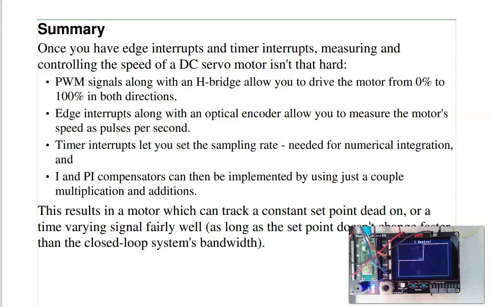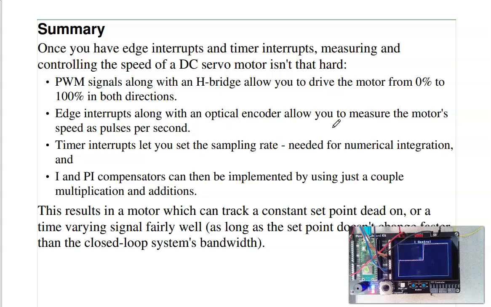PWM signal works really well with H-bridges. That allows you to control the motor speed from 0 to 100%. Edge interrupts, along with an optical encoder, let you measure the motor speed as pulses per second. The timer interrupt lets you set the sampling rate needed for numerical integration. And I and PI controllers can then be implemented by using just a couple of multiplications and additions.